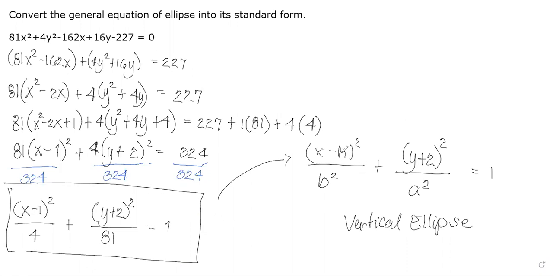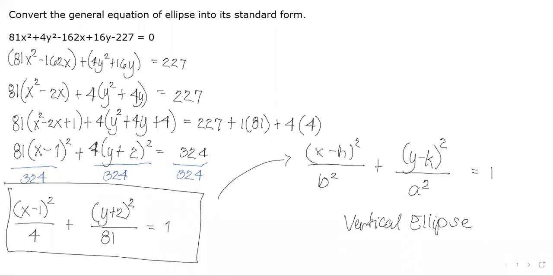Okay, so again, this is in the form of (x minus h) quantity squared over b squared plus, oops, bakit plus yan? (y minus k) quantity squared over a squared, and that is equal to 1, kasi standard form pala. Okay, so kung aalamin natin yung elements niya, yung center tapos yung a, alamin na natin lahat.